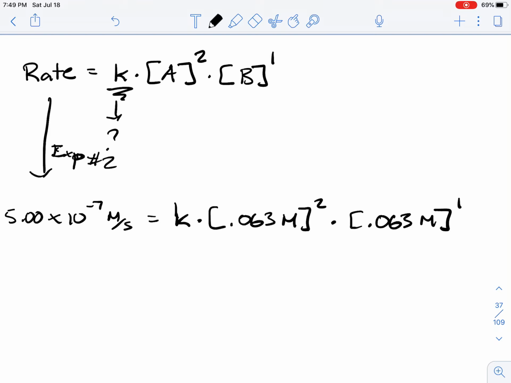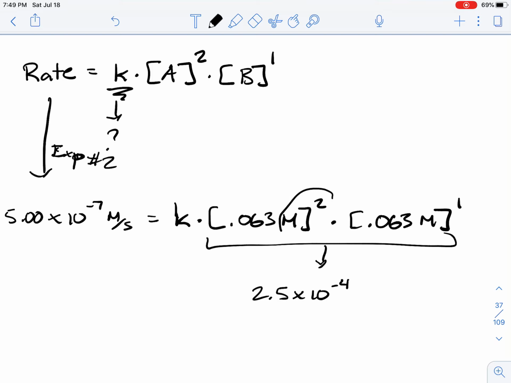Okay. So if I were to reduce this term, I would get 0.063 squared times 0.063. And then here I would get 2.5, 2 sig figs, times 10 to the negative 4.